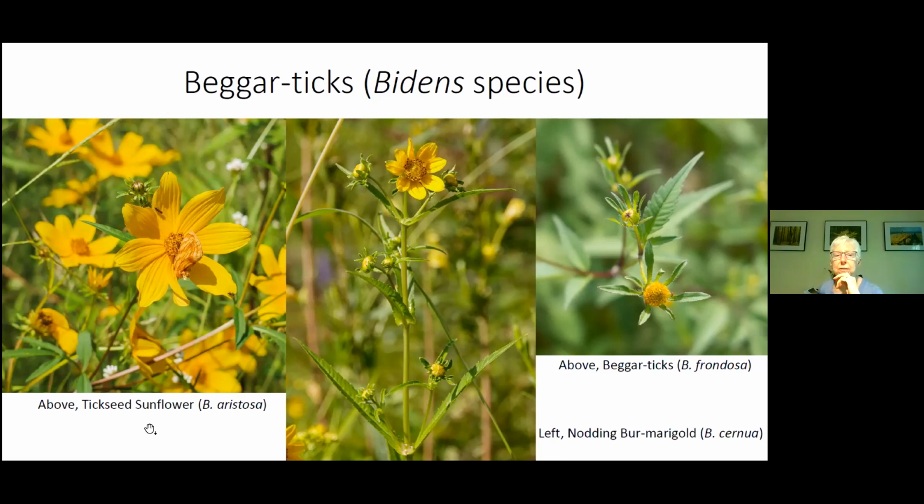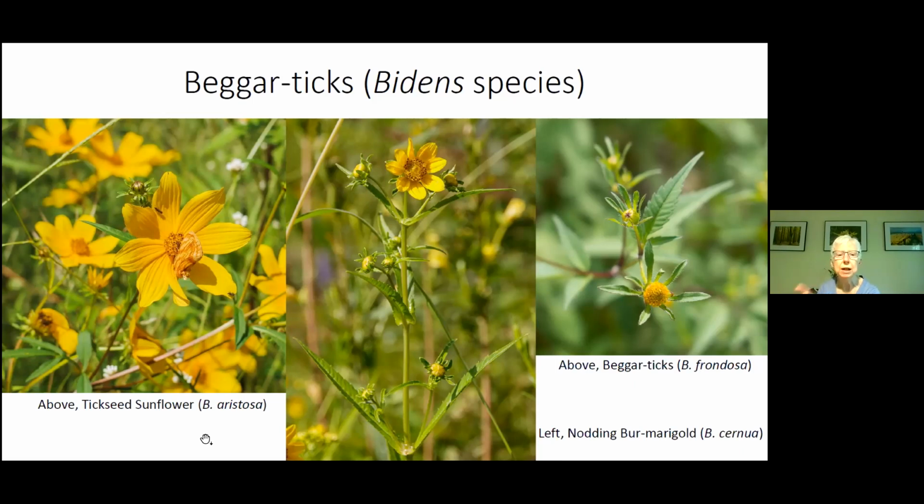One that we have on and off at Bowman's Hill Wildflower Preserve is the one that we see in the center, nodding burr marigold, which has relatively small flowers, probably about 2 inches in diameter, whereas with the tick-seed sunflowers, the flower heads are closer to 2.5 or 3 inches. They look a lot like sunflowers.